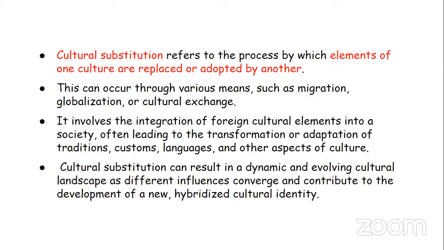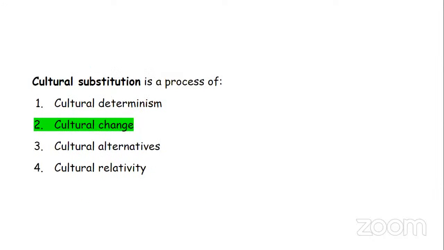And cultural substitution can result in a dynamic and evolving cultural landscape as different influences converge and contribute to the development of a new hybridized cultural identity. So simply we can say cultural substitution is a process of cultural change. A change is happening in the culture. So the right answer is option 2.